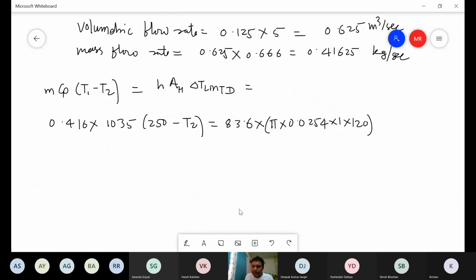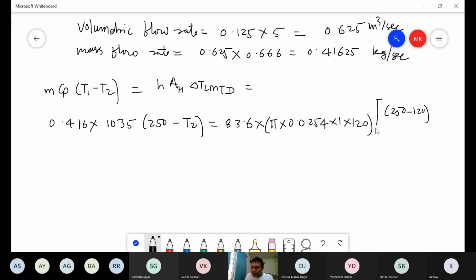The first temperature difference is 250 minus 120. Second temperature difference is going to be T2 minus 120, divided by ln of 250 minus 120 divided by T2 minus 120. So this is what is going to be there.